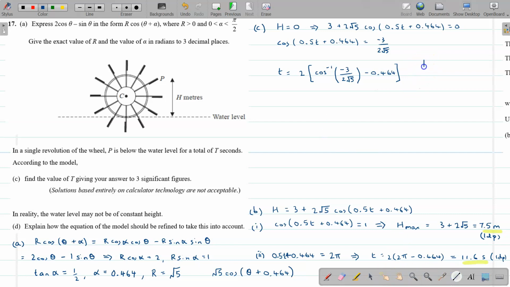So if I put a graph like that to show the first 2 pi radians worth of cos, we know it goes down something like that through pi by 2, down to pi, 3 pi by 2, and then 2 pi.